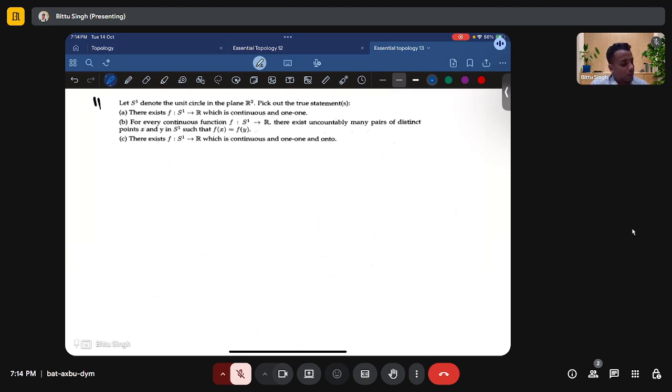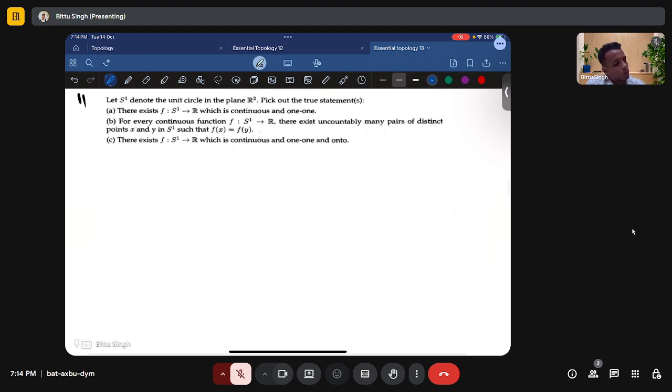Here we are considering a continuous function f from S1 to R. So the question is, is there a continuous function from the circle to R which is also one-one? So option A is not true. Why? Because we have already proved this fact.